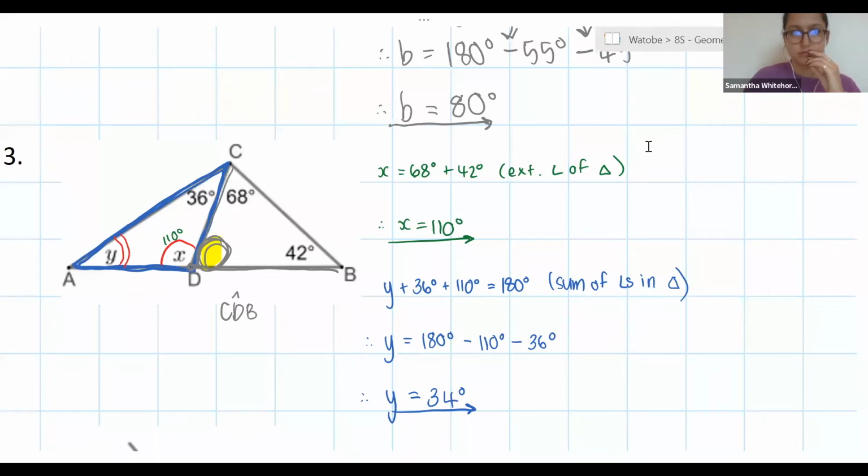Then I said 68 degrees plus angle D plus 42 degrees is equal to 180. Okay, so you're using sum of angles in a triangle. Yes. Good. I said angle D is equal to 180 minus 68 minus 42, and then it gave me the answer 70. So I wrote angle D as the answer, which is 70 degrees.